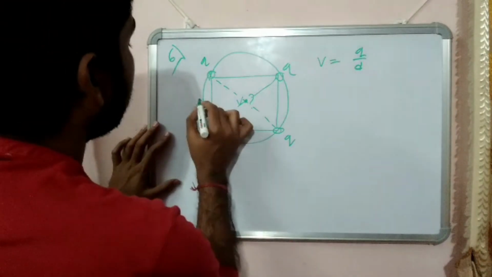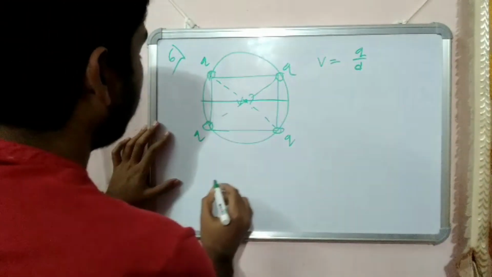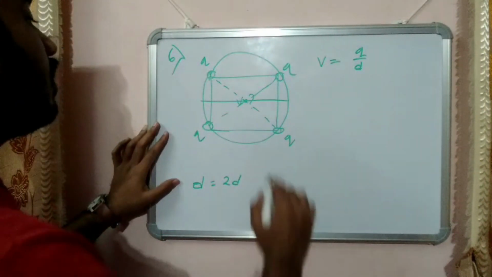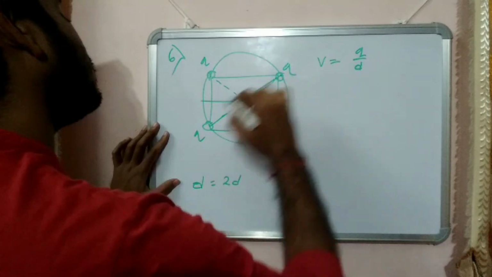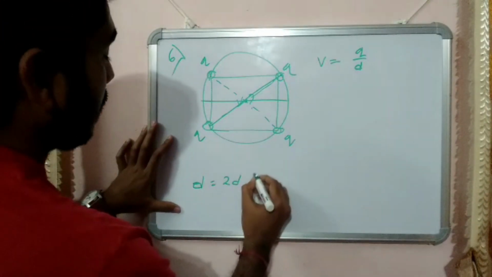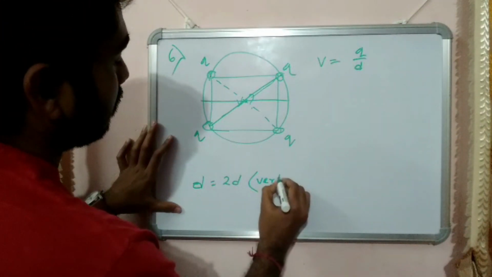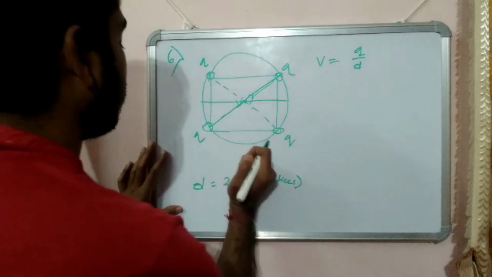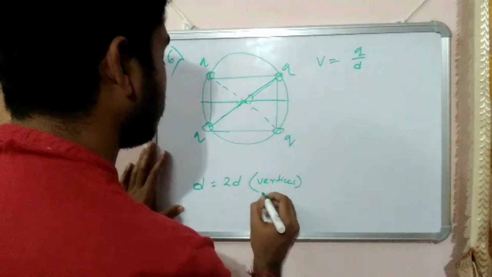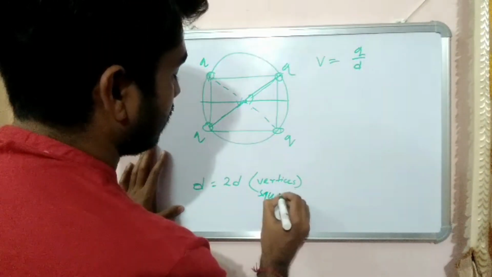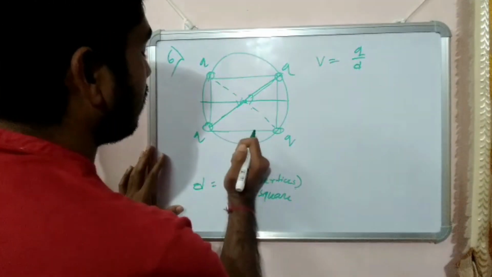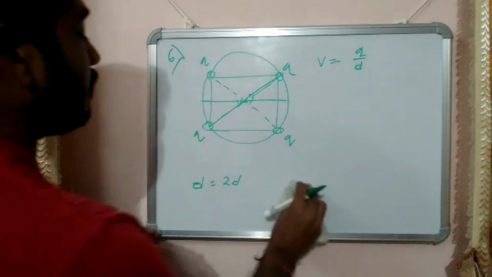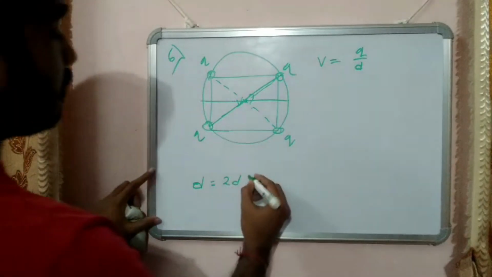It is also written here, the diameter is 2D, and one diameter is also the diagonal of the square.